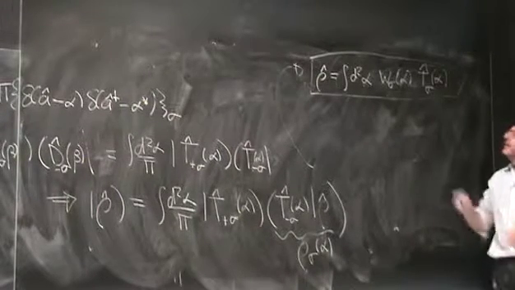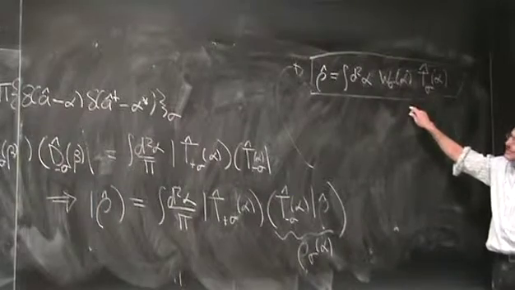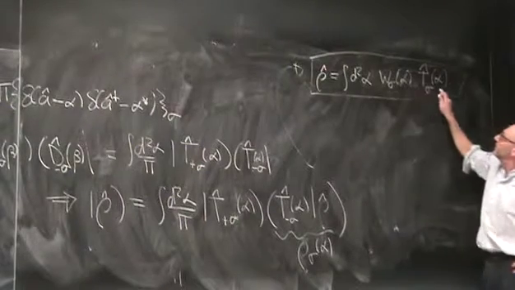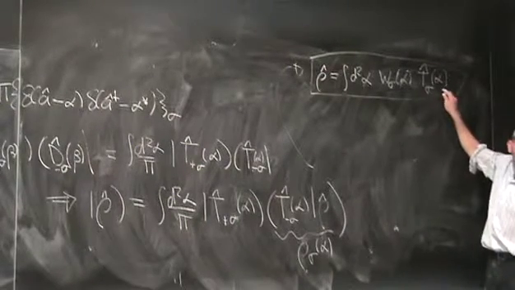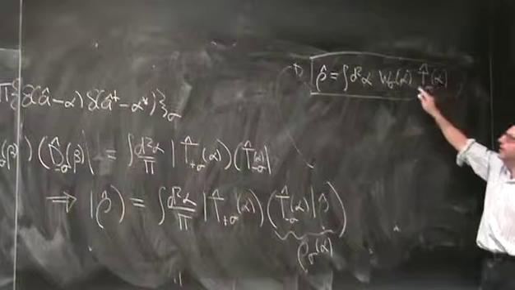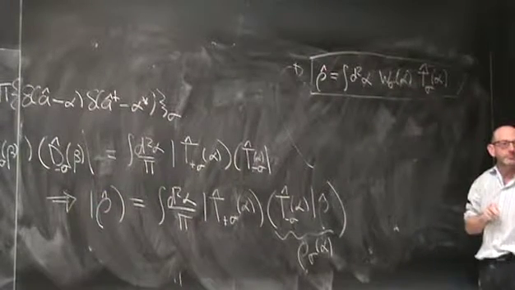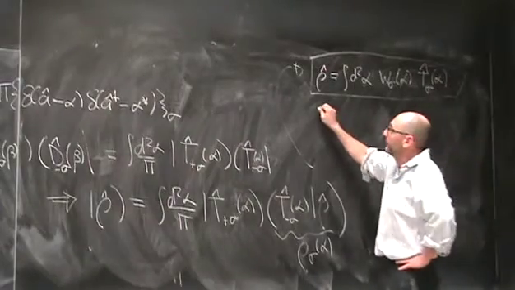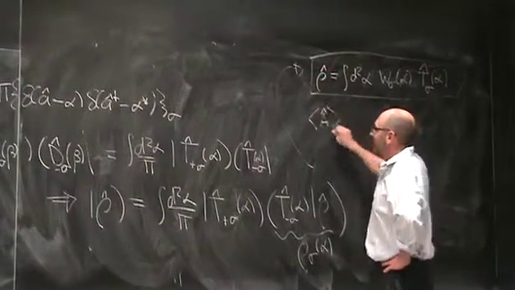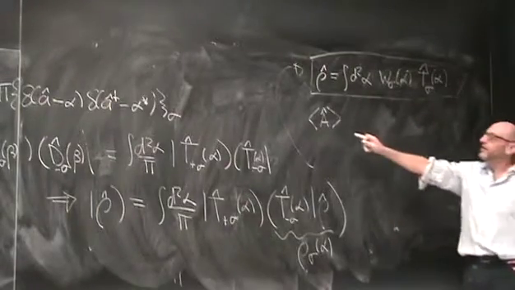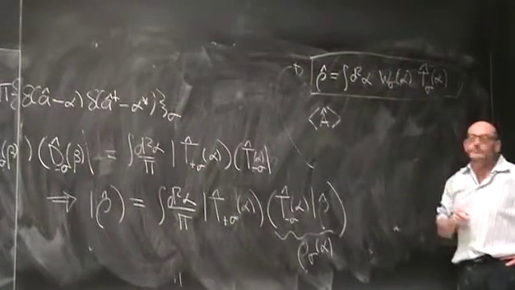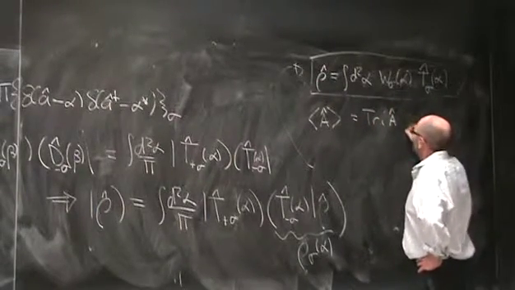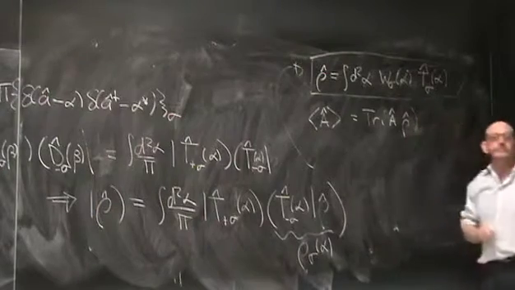Okay, so this is useful. This says that I can look at the density operator as a weighted sum of these P operators, weighted by the distribution function. In particular, what I see now is the following. This is where I started the lecture, but jumped the gun. Let's look at the expected value of A. Well, that's equal to the trace of A with the density operator.